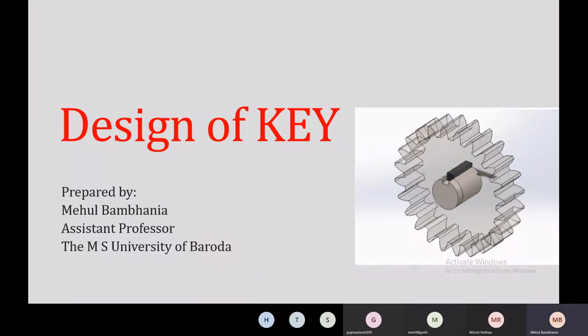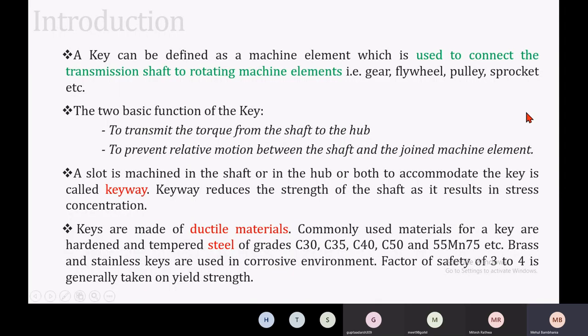Basically, this key we can define as a small element which will engage the rotating shaft and the element in the periphery of the shaft, like gear, flywheel, pulley, or sprocket, etc. So the basic function of a key can be defined in this way.